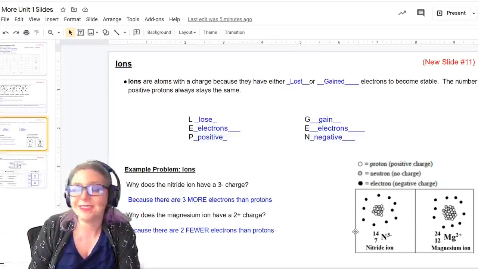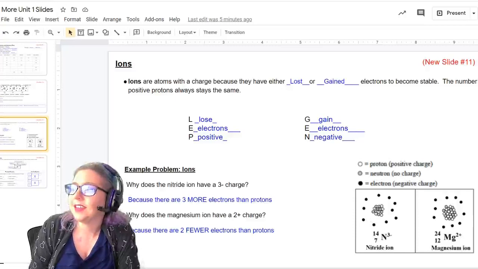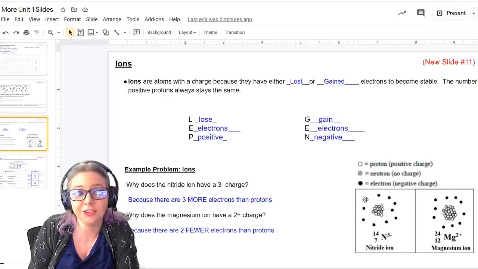So here I had some examples. Why does this nitride ion have a -3 charge? And why does this magnesium ion have a +2 charge? Well, my nitride ion has 7 protons in the nucleus, and then 1, 2, 3, 4, 5, 6, 7, 8, 9, 10 electrons.